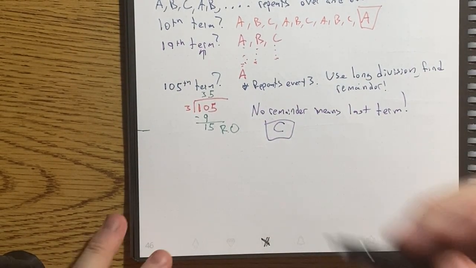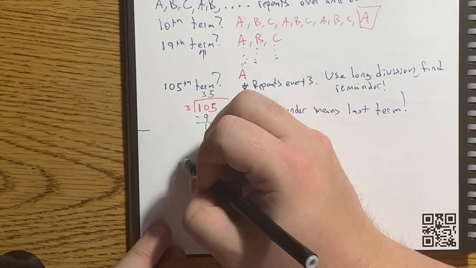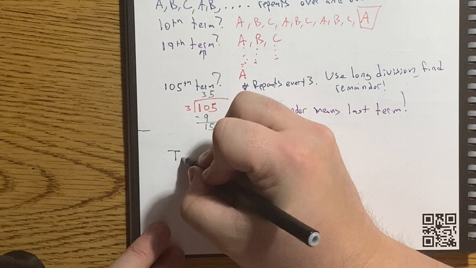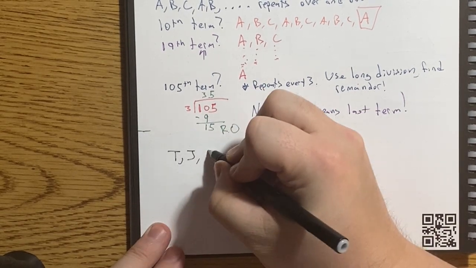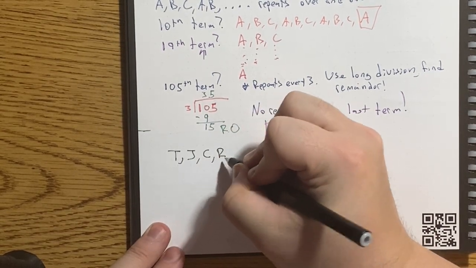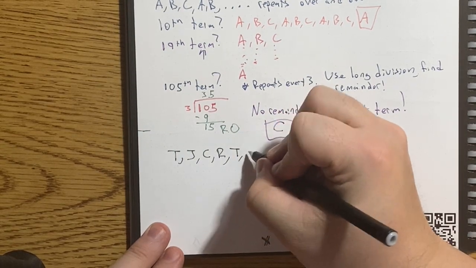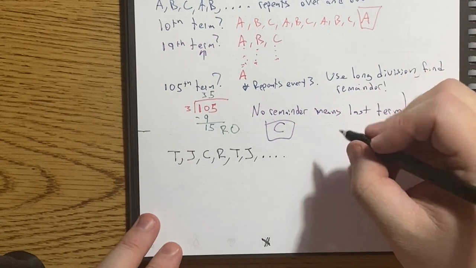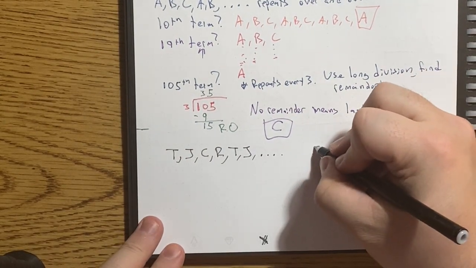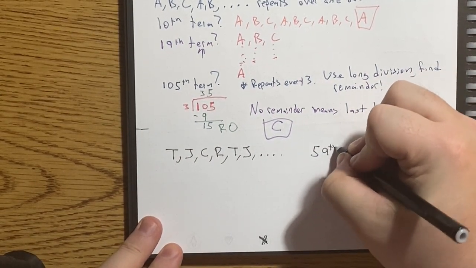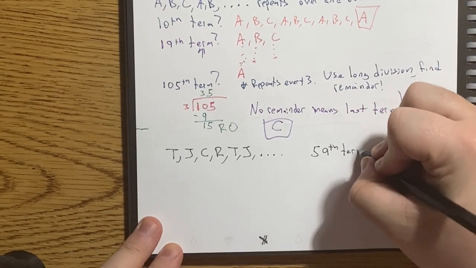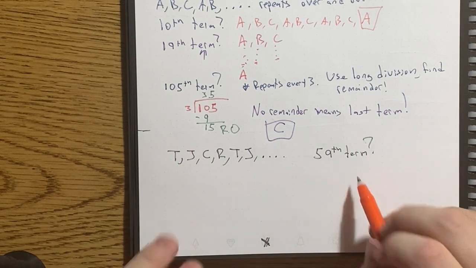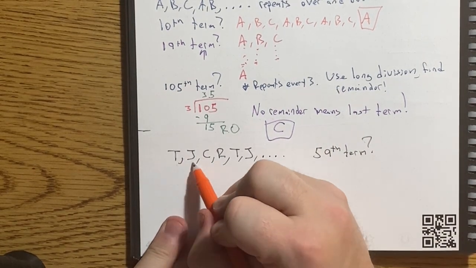I can give you a different pattern: Tajay, Jake, Connor, Rachel, Tajay, Jake, and so on. I could ask you what the 59th term is. You count how many different things repeat: 1, 2, 3, 4.